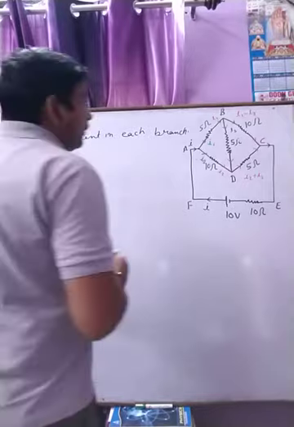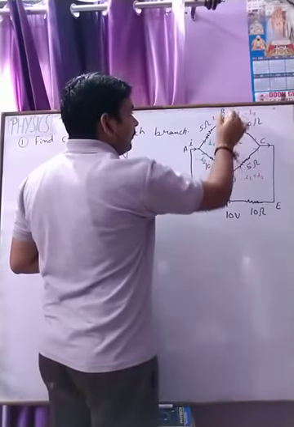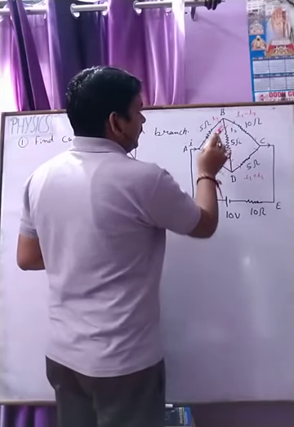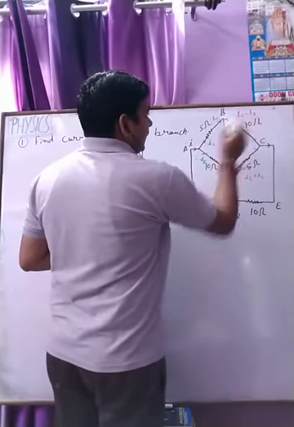Okay. In the branch BD, I3 current will pass. Therefore, in BC, I1 minus I3.